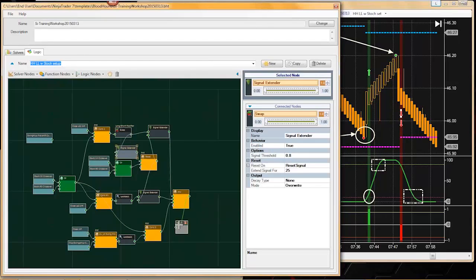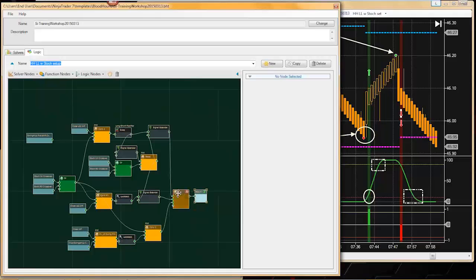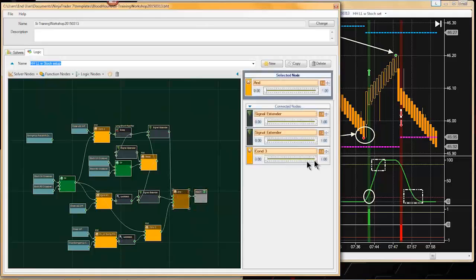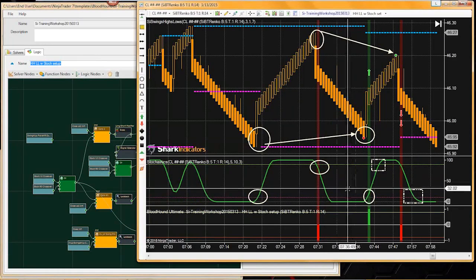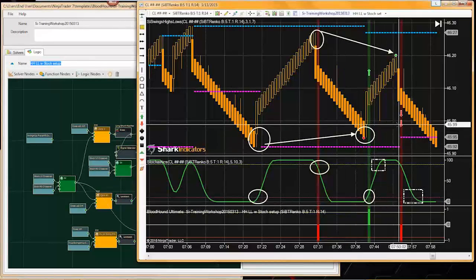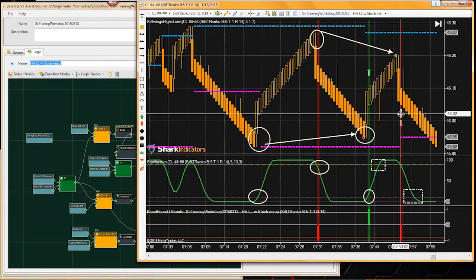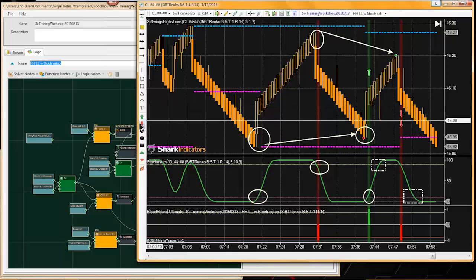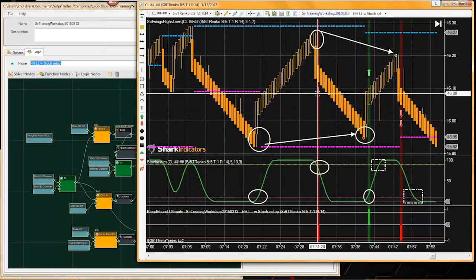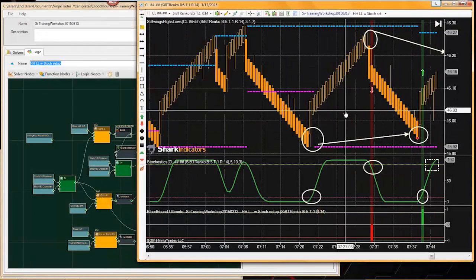All right, now let's take a look at the final signal output here. And all right, so we do have a signal here. And looks like we got an additional short signal right there. So let's take a look.